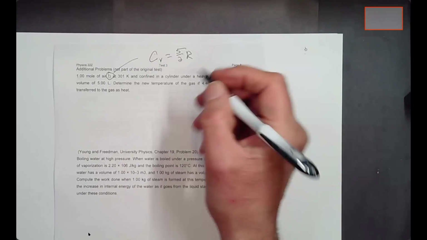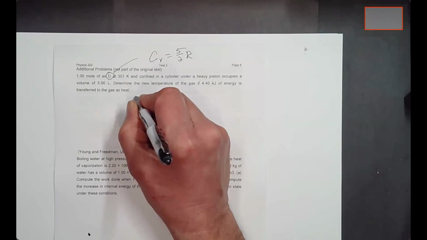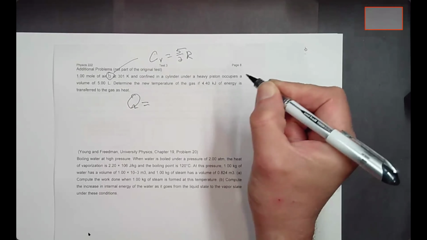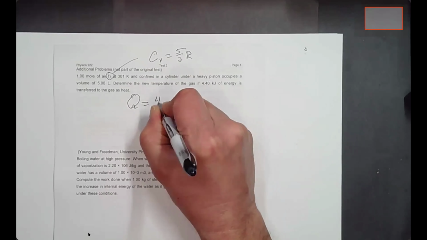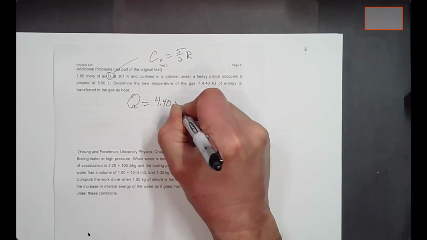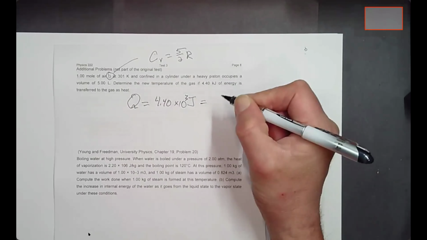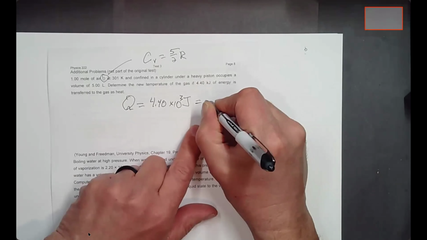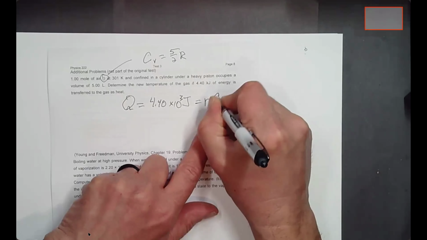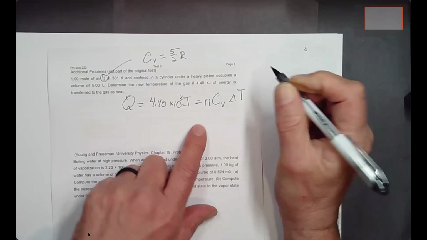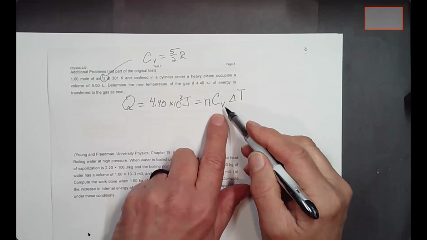And so we're told that Q is equal to 4.40 times 10 to the third joules. And that heat will equal N C sub V times delta T. So this is a molar heat constant.